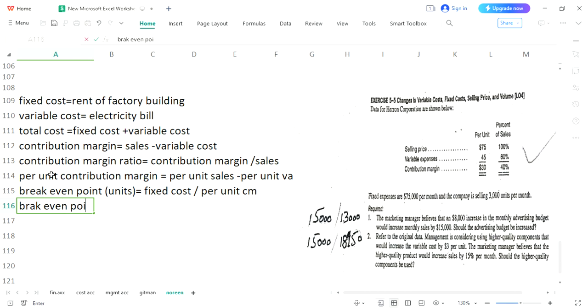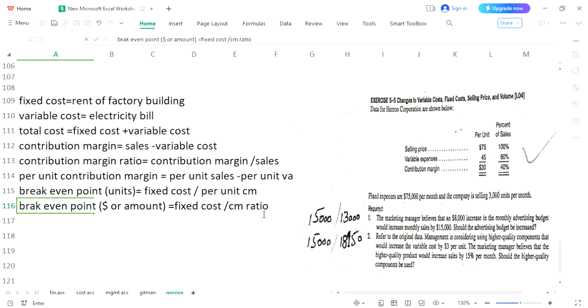and then you have break even point in terms of dollar or amounts. How would you calculate it? By dividing your fixed cost with CM ratio. And how would this CM ratio come? As you have seen, contribution margin ratio is written over here.